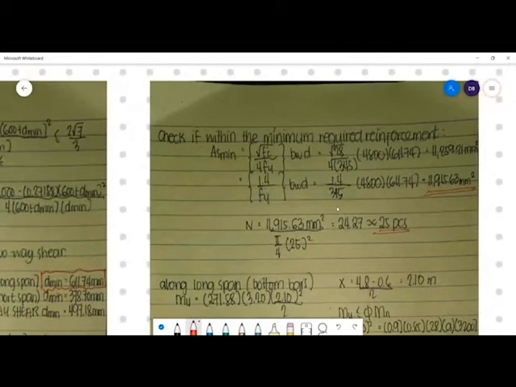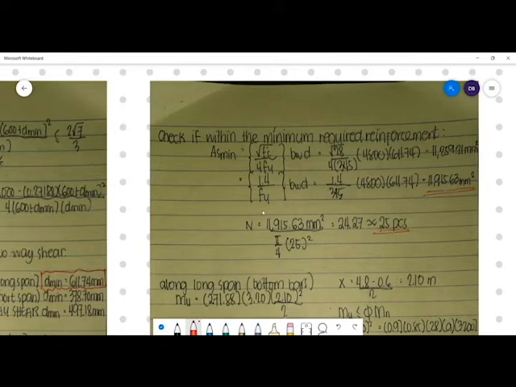We check if it's within the minimum required reinforcement, just the same as what we did on the previous problem: square root of f'c over 4 fy bw d, we have 11,259.21. If we use 1.4 over fy bw d, we have 11,915.63.